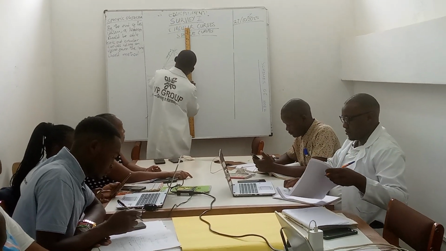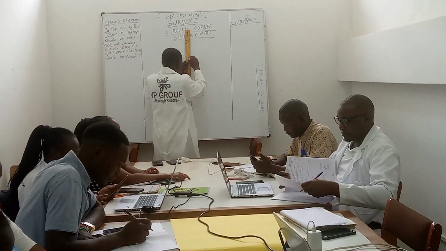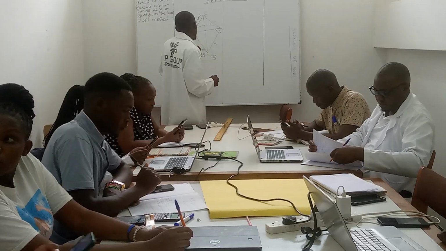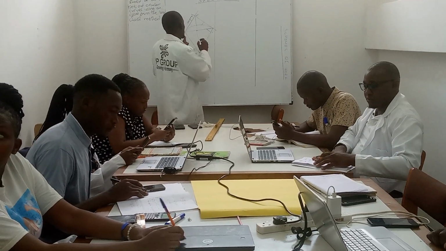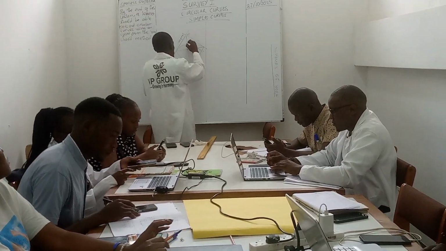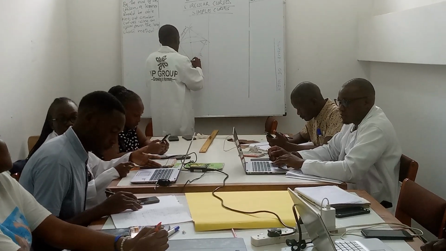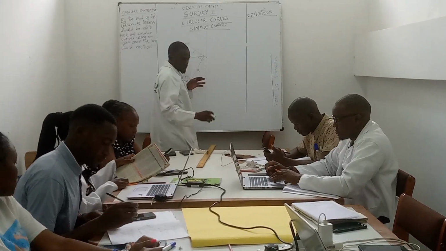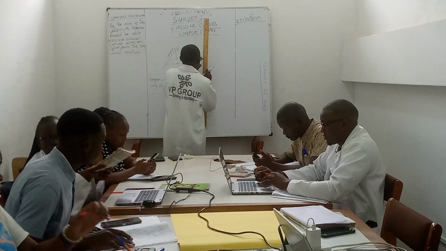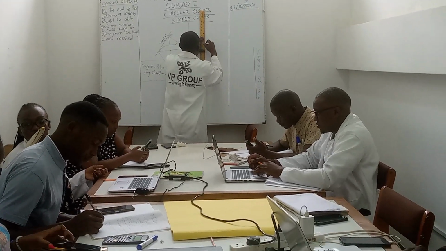Are you listening? When finding these formulas, you only pick one triangle. Talking about this triangle, this triangle will give us everything. This is the triangle we are talking about.